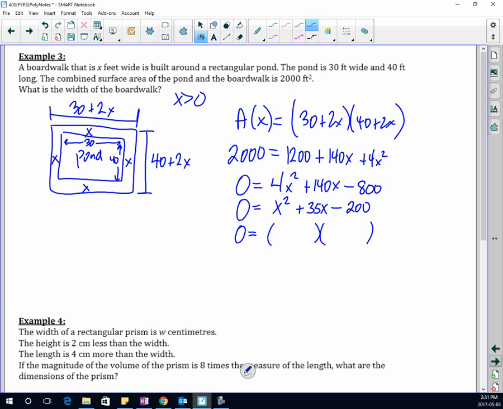So what is this factored to be? 5 and 40, very good. So x minus 5, x plus 40. Yeah? Which means x has to be 5 and minus 40. And guess what? Because of our restriction, we can reject that. I don't have to look for any more solutions because those are the only two solutions I have.